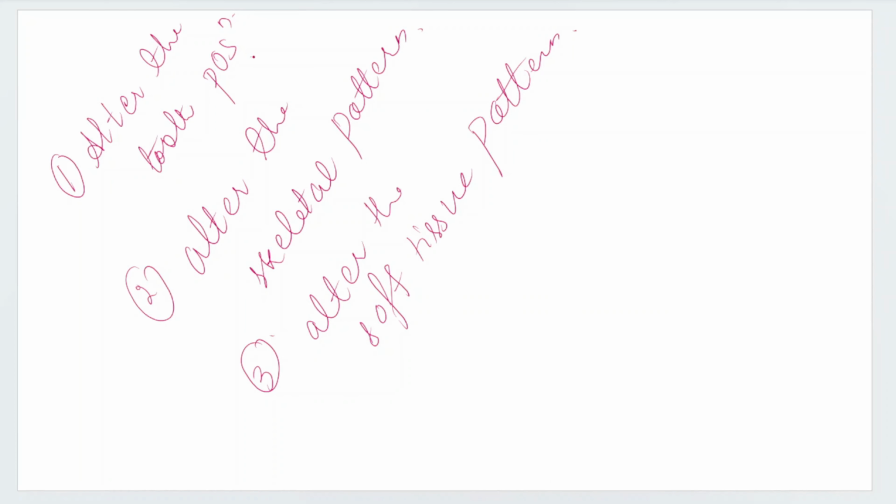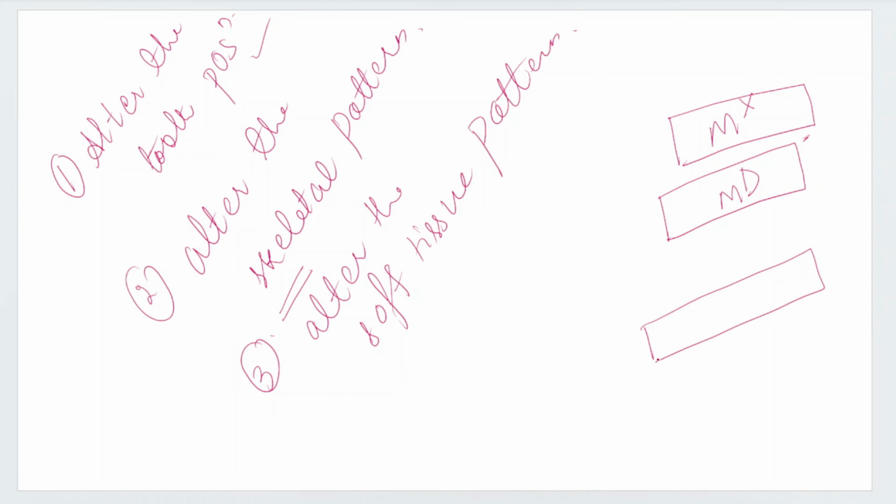Correct? Tooth means you will very well understand that we will change the tooth position. Skeletal pattern: if this is a block of maxilla and this is a block of mandible, correct? Maxilla should be a little forward, not more. If it is more forward, then it will not look nice.